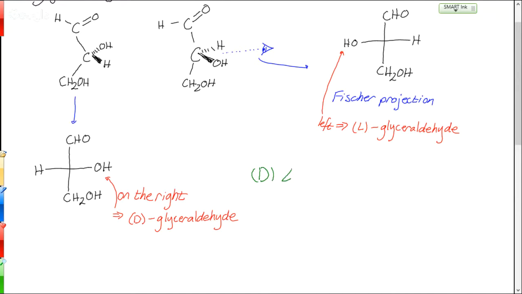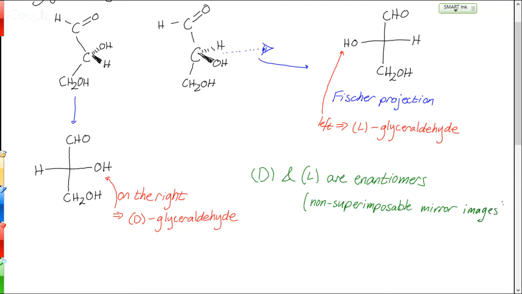So the D and the L are enantiomers, which if you remember from Tuesday means non-superimposable mirror images. So they're mirror images that are not exactly the same. They cannot be placed right on top of each other.